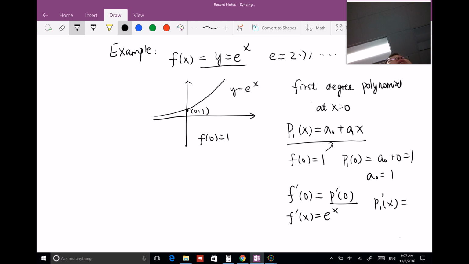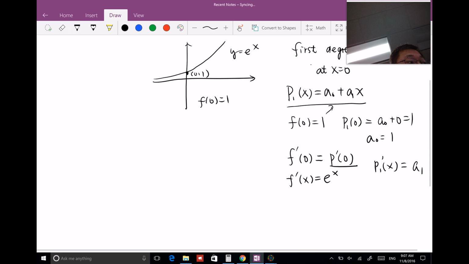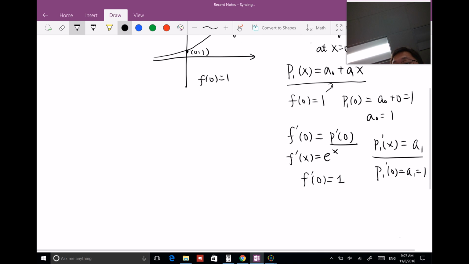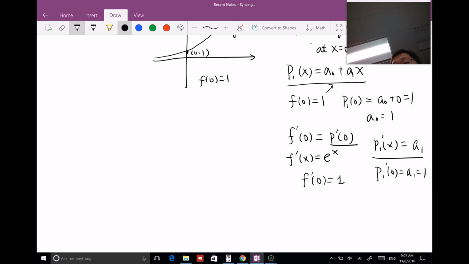Derivative of a1x is just a1. So then we plug it in again. I got P prime of 0 equals 1 again. And then because here P1 prime of 0 equals a1 equals 1. Okay, so I solved a0 and a1. Now I find the function is P1(x) equals x plus 1.